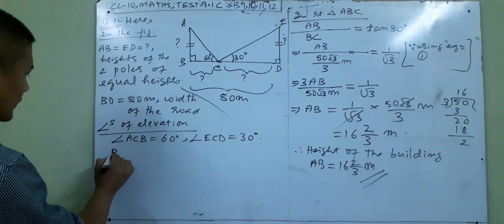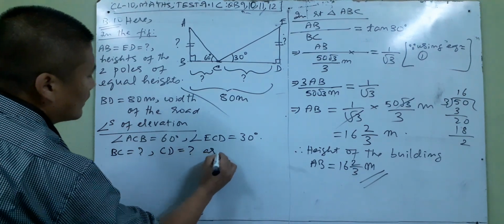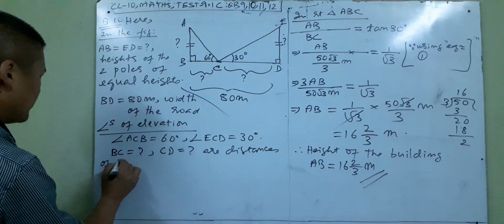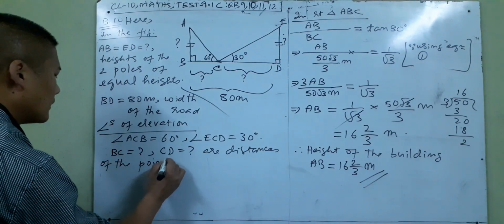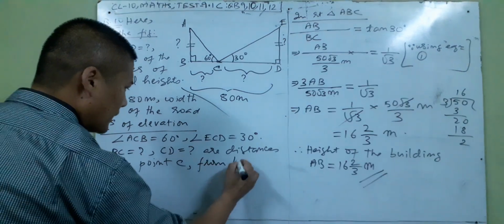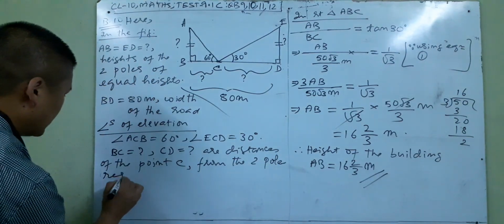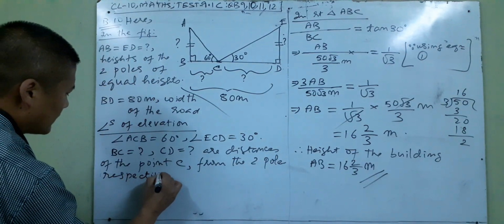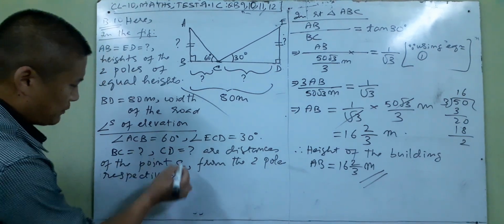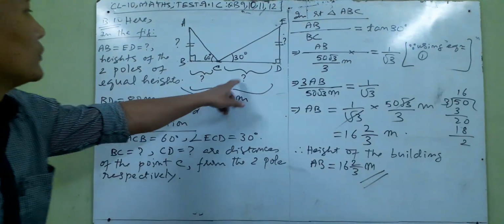That means you have to find BC equal to question mark, and CD also equal to question mark, which are the distances of the point C, the point where the observer is standing, from the two poles respectively. That means BC is the distance from the first pole and CD from the second, that's the meaning of the word respectively here. So these 1, 2, 3, 4, we have to find out.